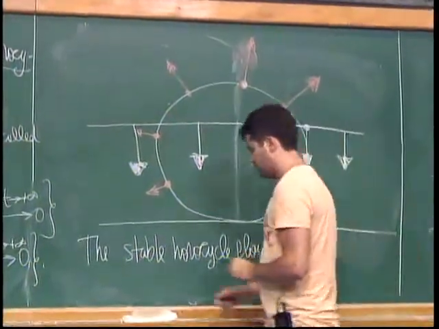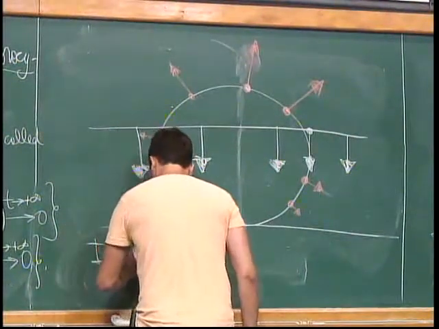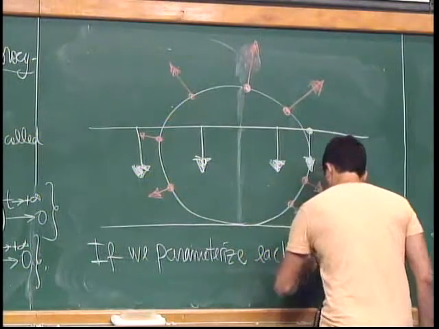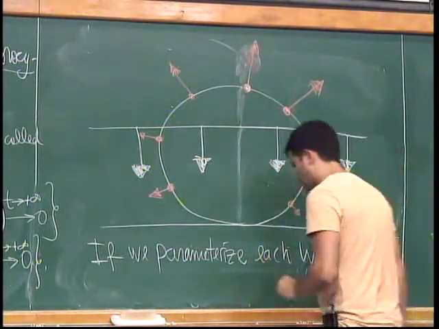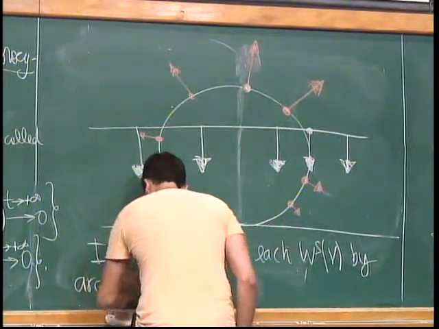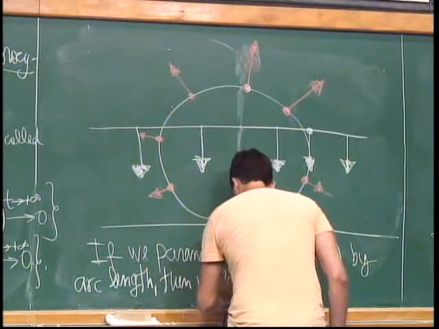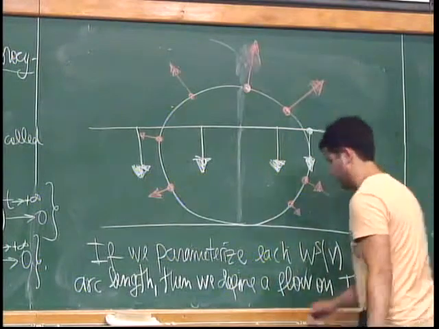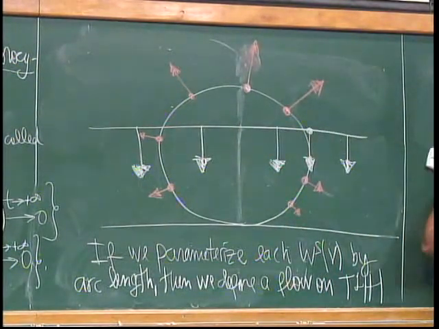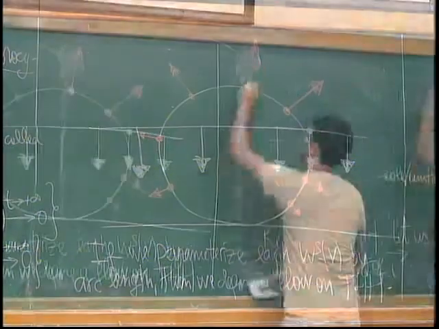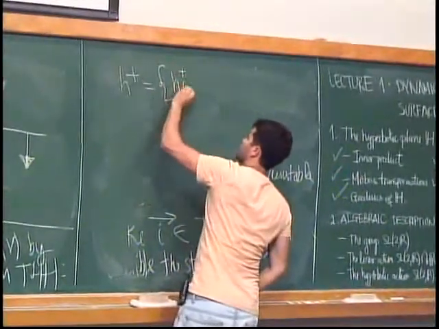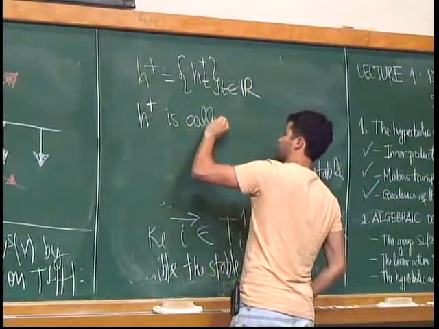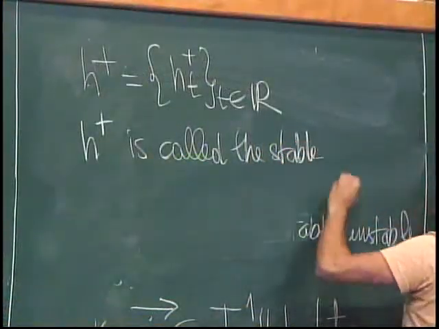is, let me write it better. If we parameterize each stable set, stable leaf, by arc length, then we define a flow on the unit tangent bundle of H, and I'm going to denote this flow by H plus, and I'm going to call it the stable horocycle flow.